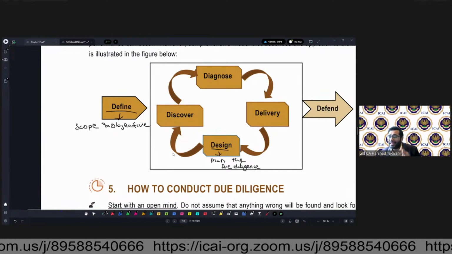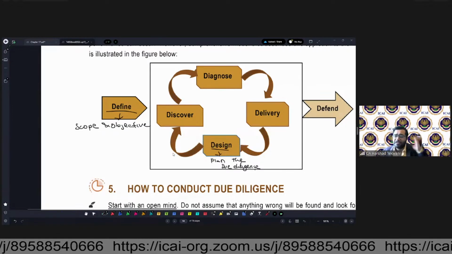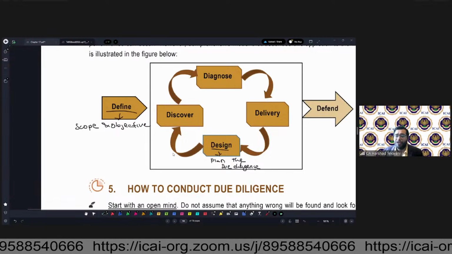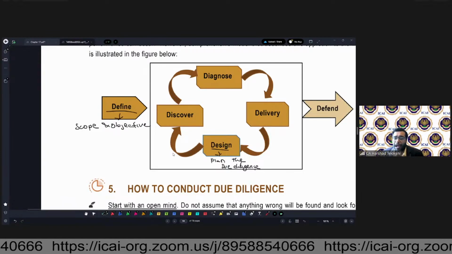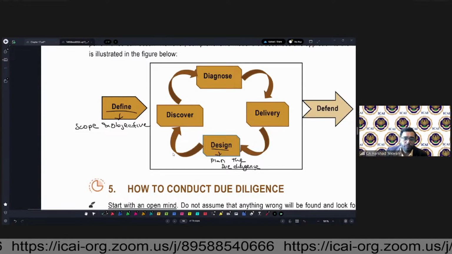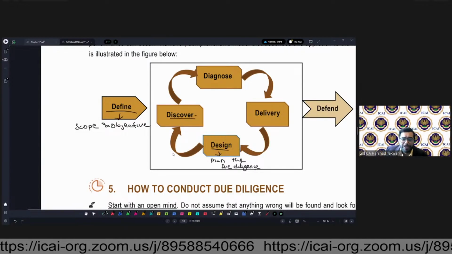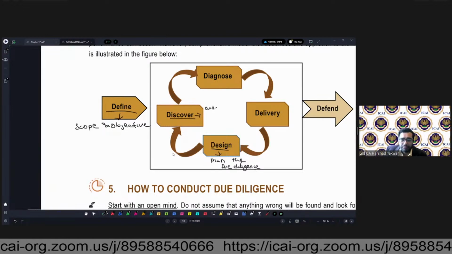You design a detailed plan like what to cover, when to cover, nature, timing, extent, employees, the help you will have, the team size, resources that will be used, access, terms and conditions with the target company, and everything. On the basis of that, you will discover. Discover means evidence gathering.